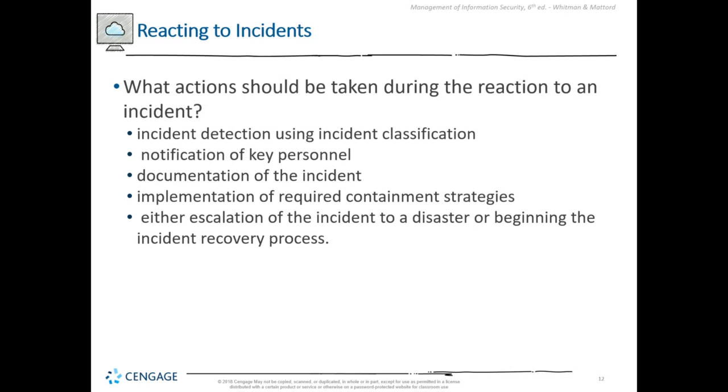If present, you want to evaluate the monitoring capabilities of your system, restore the data from backups as needed, restore the services and processes in use, continuously monitor the system, and then restore the confidence of the communities of interest. And that's the process that goes with incident recovery.